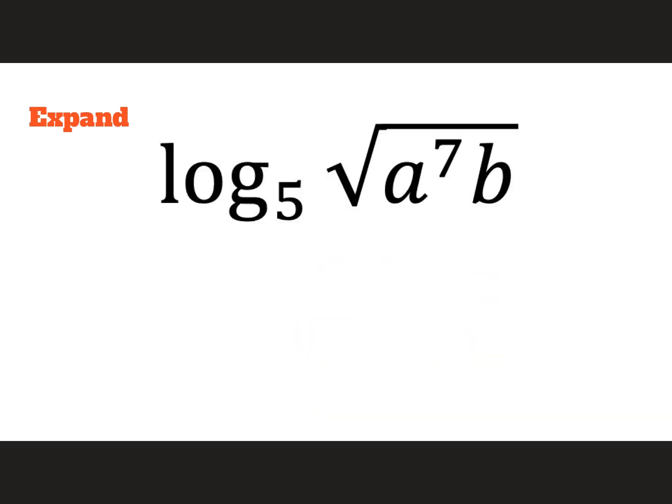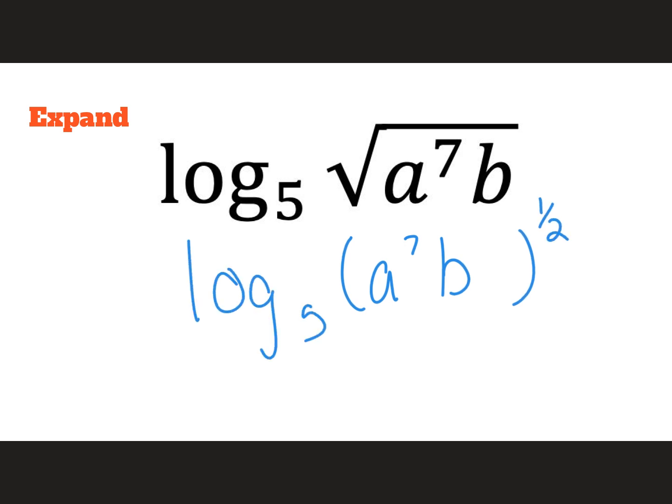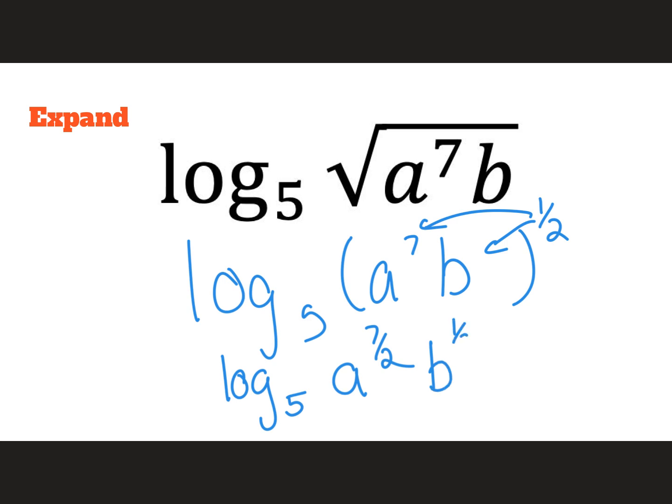Next one has a base 5, and I have this radical sign, so I like to switch my radical signs to rational exponent form. It's easier in my brain to think this through. Again, I think I'm going to distribute this 1/2 first to the argument to make it log base 5, a to the 7/2 and b to the 1/2.